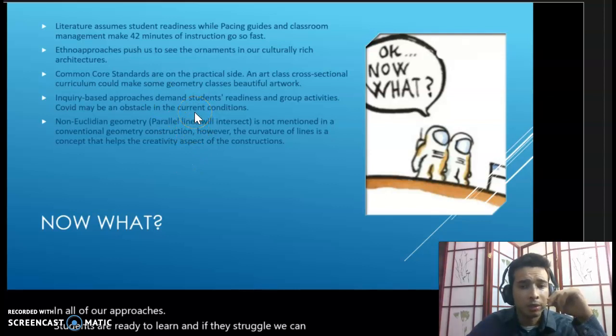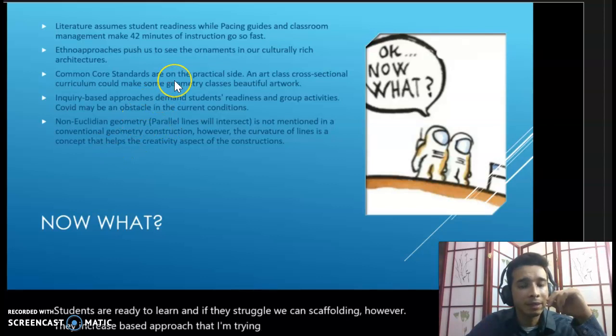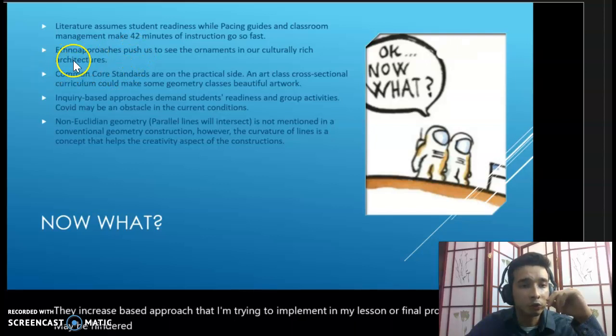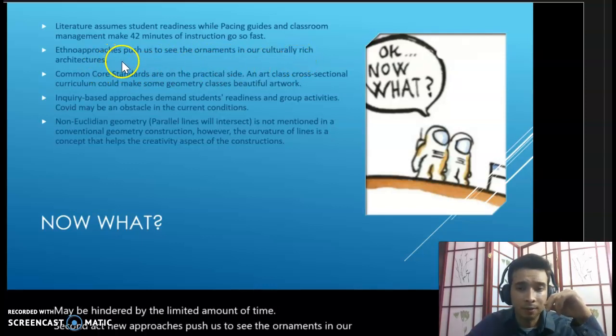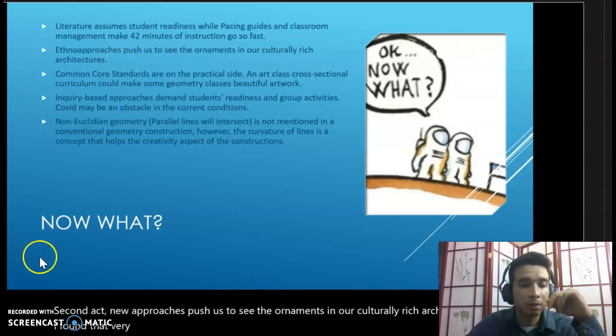However, the inquiry-based approach that I'm trying to implement in my lesson or final project may be hindered by the limited amount of time. Second, ethno approaches push us to see the ornaments in our culturally rich architectures. I found that very engaging and I hope to apply that to my mathematical lesson or final project.